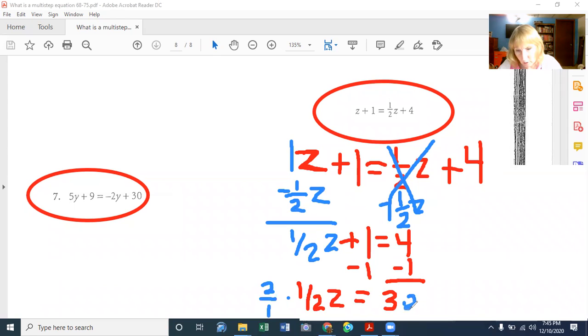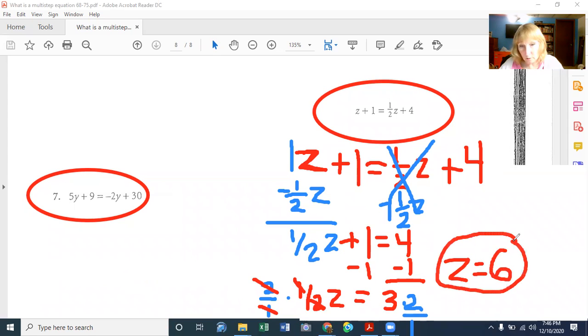And that will cross off my 2's and my 1's, leaving me just with z. So it will be z equals, actually I don't want to write it there because I want to use that space for the other problem. So it will be z equals 3 times 2, or 6. So that is my answer to that problem.